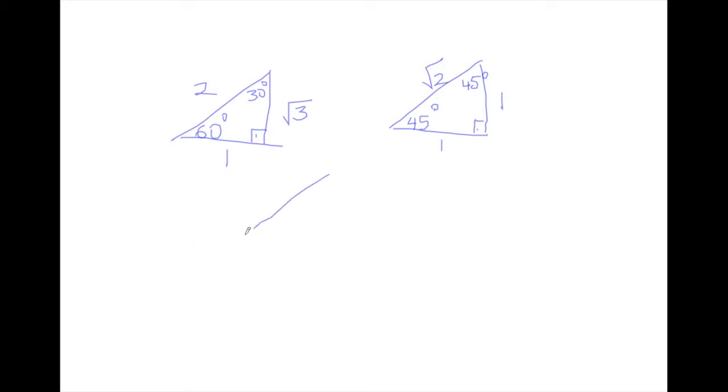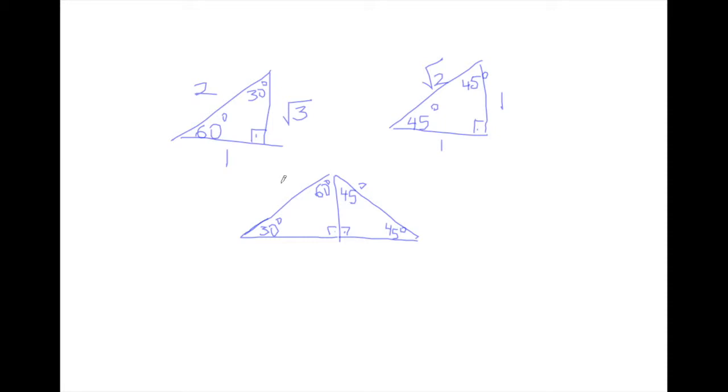So let's say I've got a certain situation where I got a 30, 60, 90 right triangle adjacent to an isosceles right triangle. And let's say these share a side, of course. Then, if I know one of the sides in one triangle, I can find the rest because I can simply use the relationships between the sides of these special triangles.